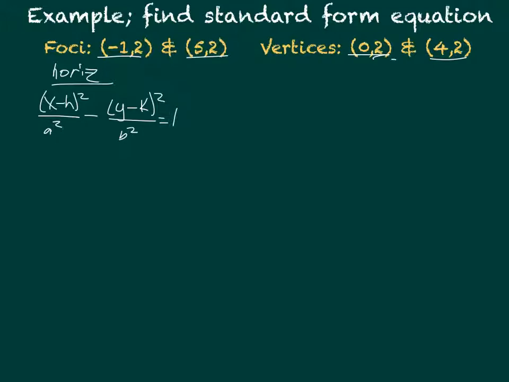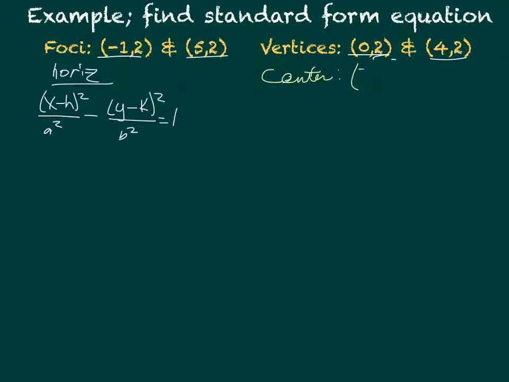Alright, so now I just need to fill in those numbers. So I need to find my a and my b and my h and my k. Well, the h and the k is the slightly easier part. So I just need to find the halfway point between the focus points, because halfway in between there will be my center. Or halfway in between my vertices will be my center. So my center is going to be the midpoint.